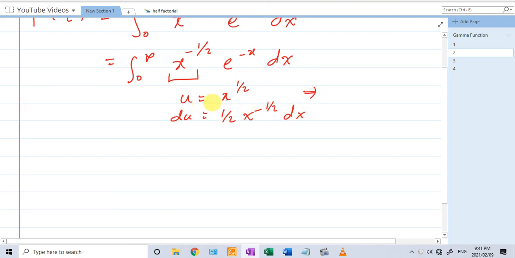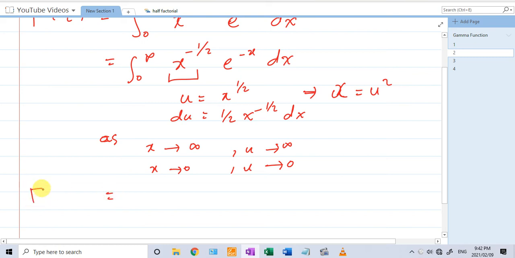This implies that x is equal to u squared, squaring both sides. And for the bounds of integration, as x approaches infinity, u approaches infinity, and as x approaches 0, u also approaches 0.